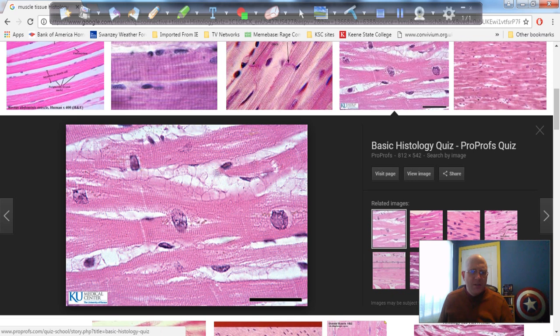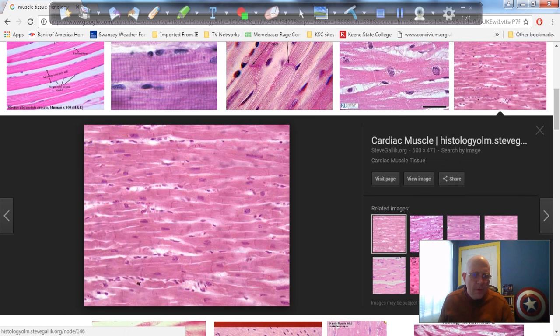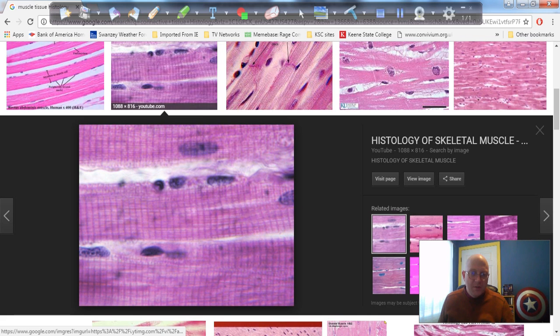But those branched cells have these lines that seem to demarcate where one cell ends and the next one begins. Those are called intercalated discs. So right here, that line there, and there, and there, and there, is what you will want to look for on a slide to determine whether you're looking at cardiac muscle tissue or skeletal muscle tissue.